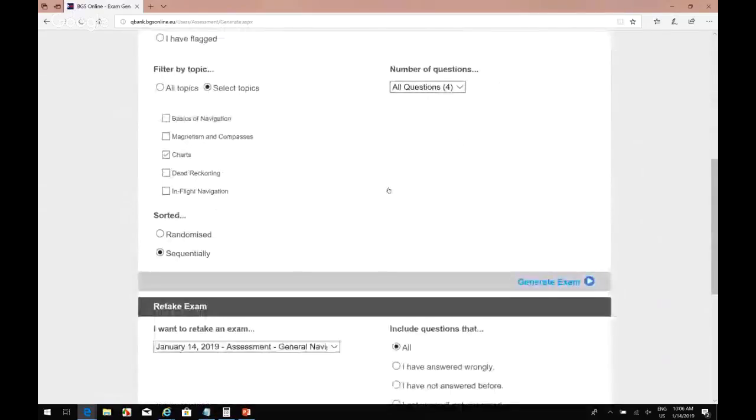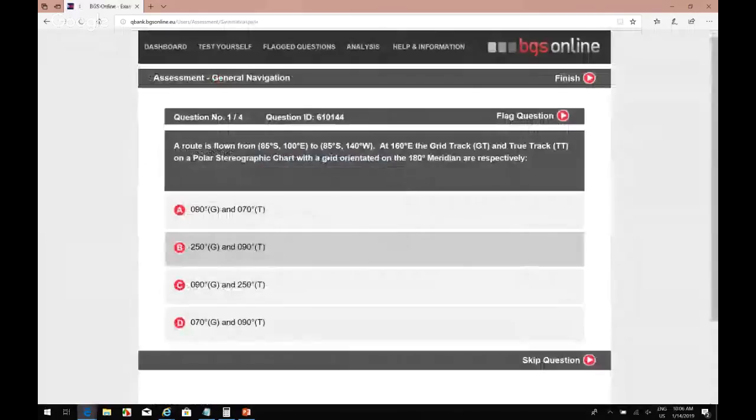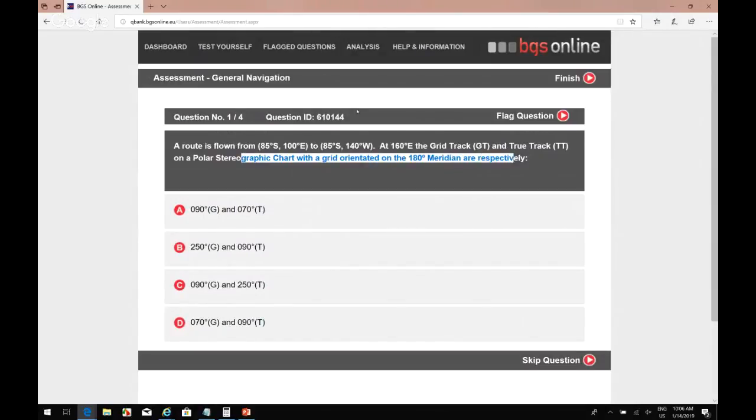4 questions wrong. Are you kidding? What did I get wrong? The route is flown from 85 south. Okay, at 160 as halfway, the grid track and true track on a polar stereographic chart with a grid oriented from 180 meridian are respectively.